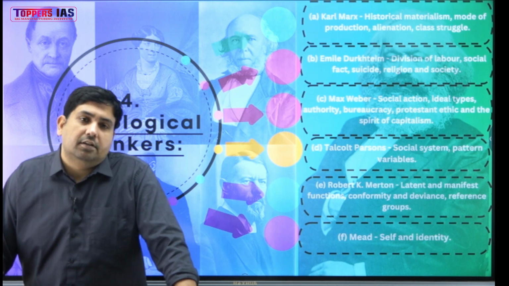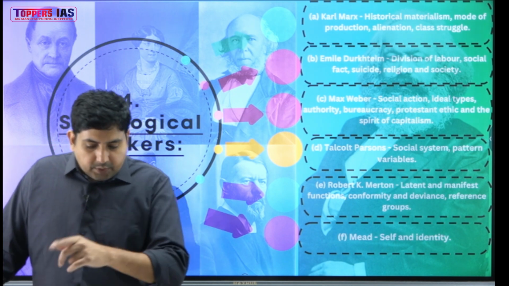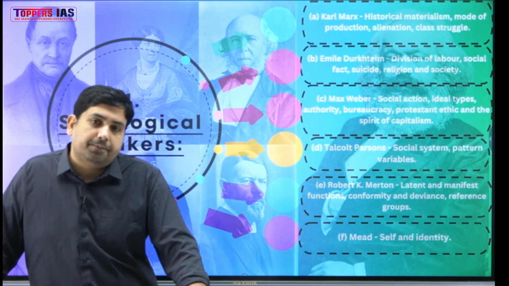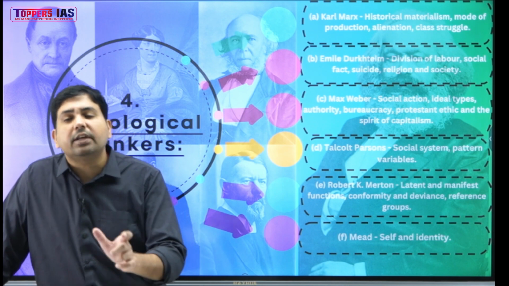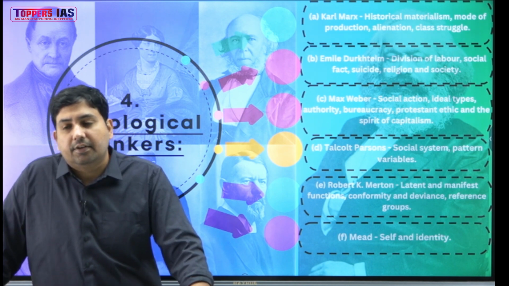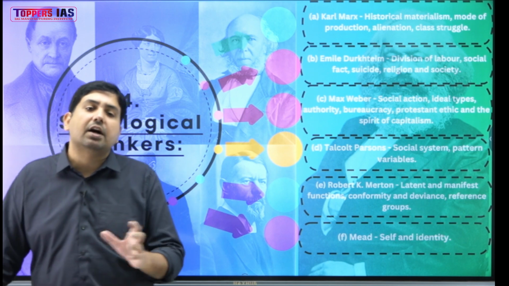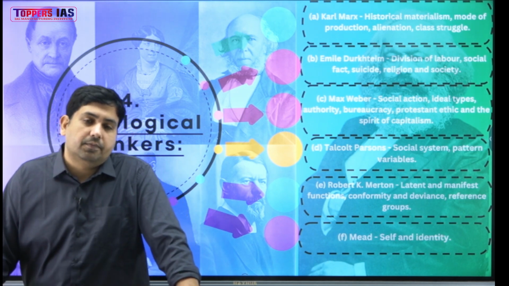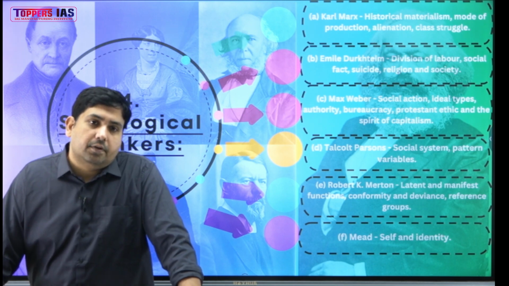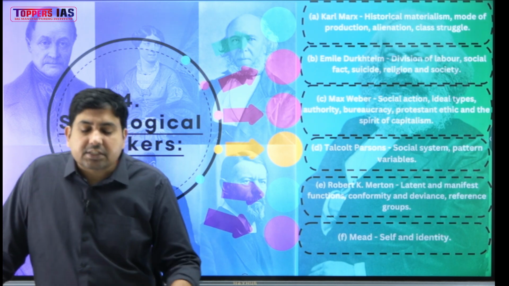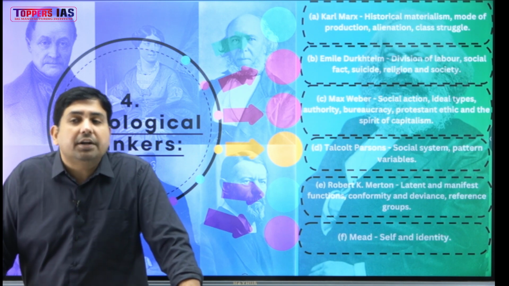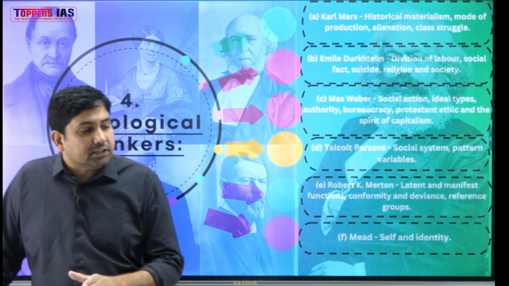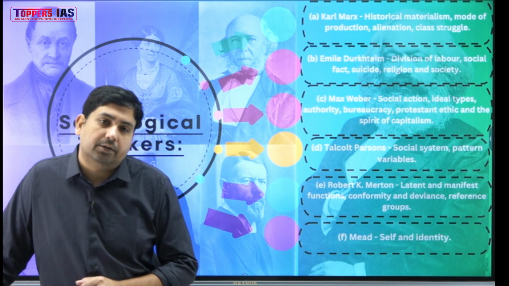For example, look into unit 5, that is stratification and mobility. There are theories of social stratification, like structural functionalist theory, Marxist theory, Weberian theory. Weberian theory means theory given by Max Weber. Then if you talk about chapter 7, politics and society, there are also sociological theories, that is, sociological theories of power.